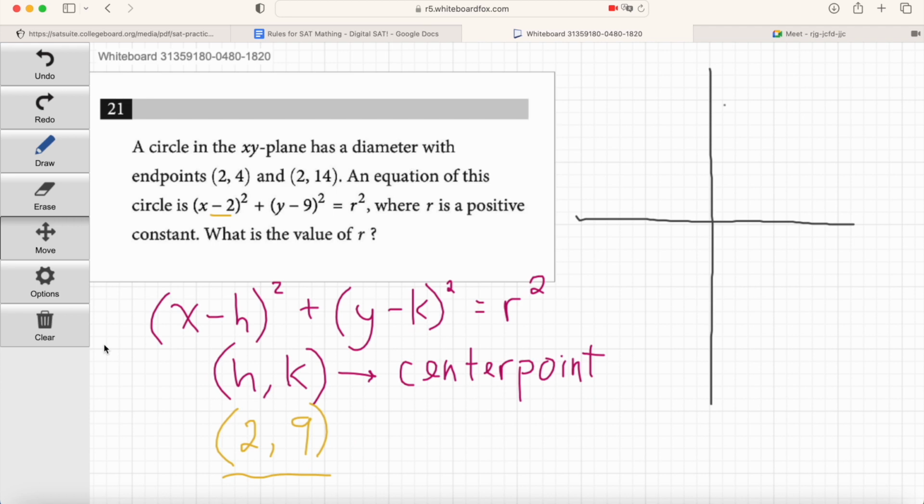I'd say this point right here is the point 2 comma 9. Look real closely at that. Do you see why that's the point 2 comma 9? That's where the x value is 2 and the y value up there is 9, because that's 5, that's 10. So that would be 9 right there. Does that make some sense?